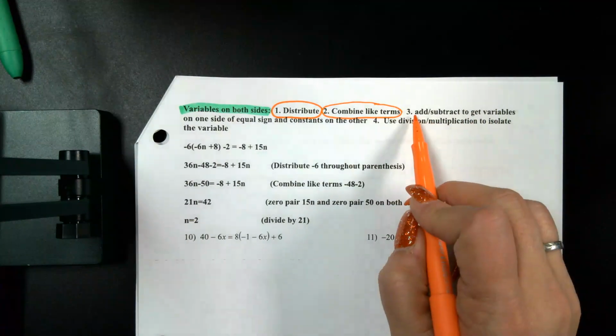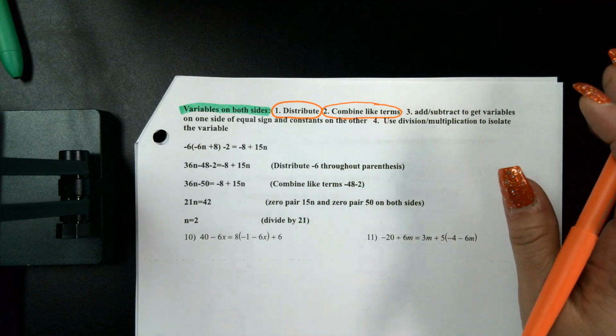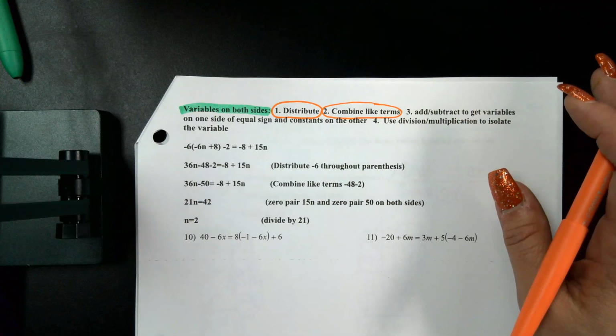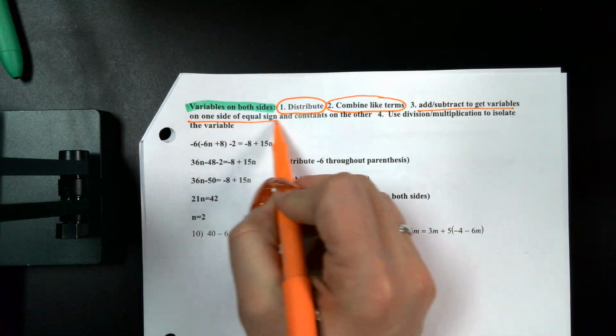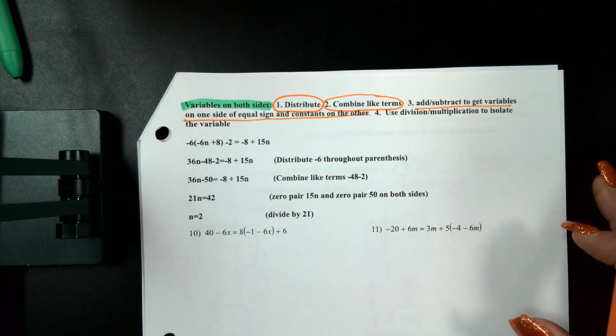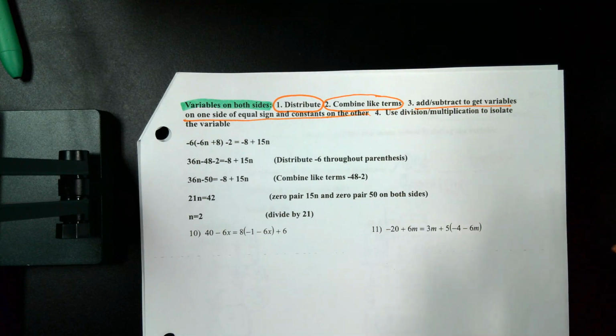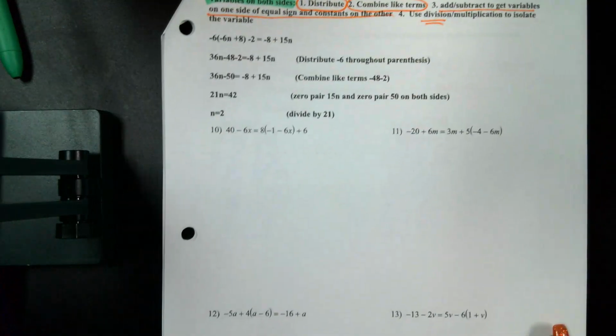And then we're still going to be moving things from one side to the other. But since there are letters on both sides, we're going to be moving a variable from one side to the other. And then we'll move our constant from one side to the other. So you'll have an extra step in there when we go to move our variable from one side to the other. Then at the end, it's typically divide. Okay? All right, so let's do number 10. Let's walk through that one together.